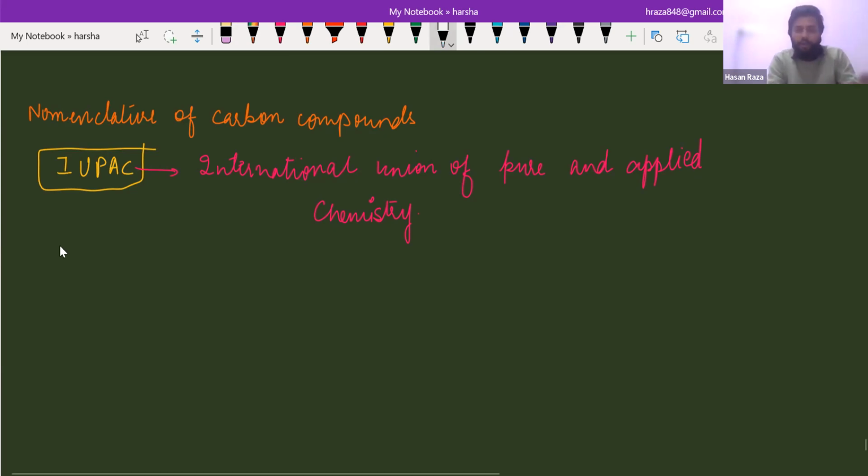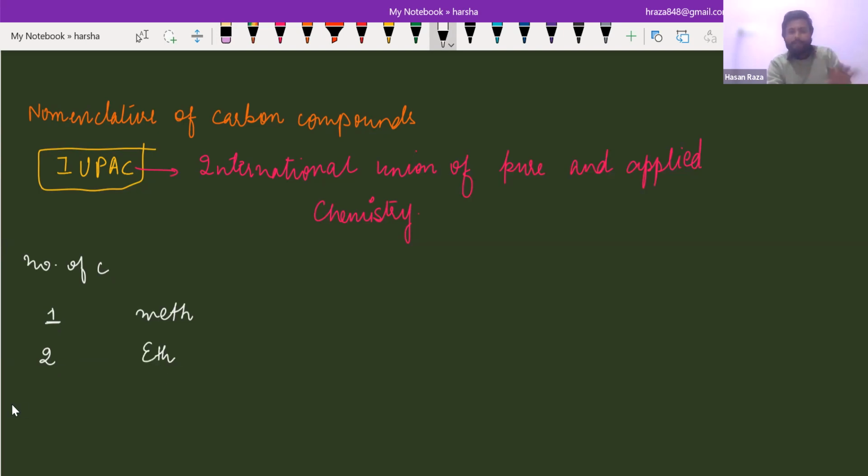So first of all, I am going to introduce the number of carbons. If the number of carbon is 1, we use meth. Meth is the term used for 1 carbon. If the number of carbon is 2, we use eth. If it is 3, then we use prop.